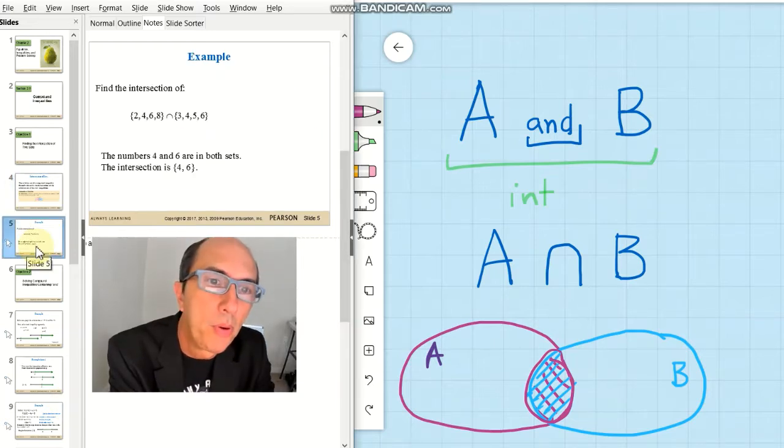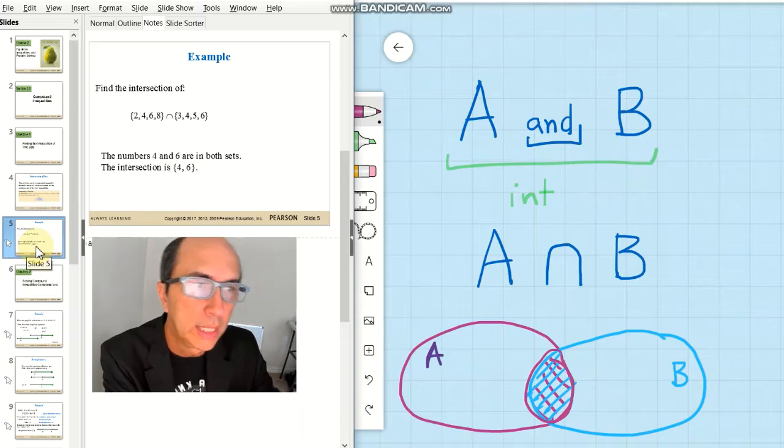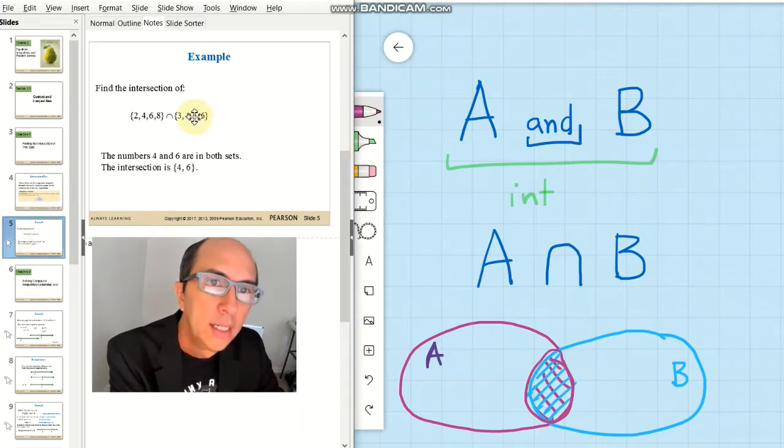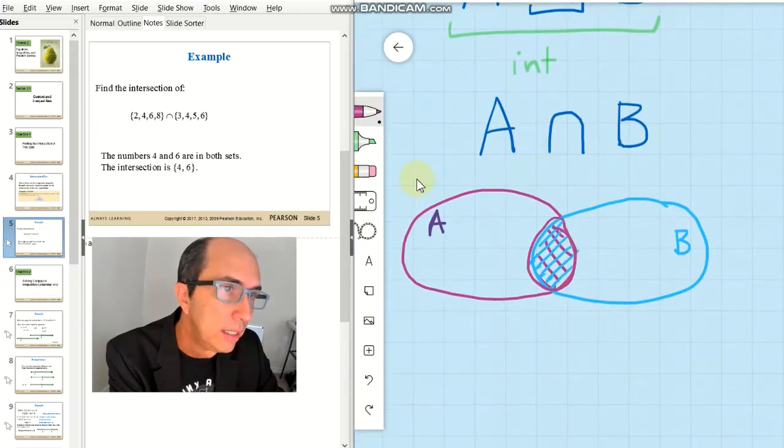The example that we have here is to find the intersection of the set of numbers 2, 4, 6, and 8, and the set of numbers B at 3, 4, 5, and 6. Let's represent it here.